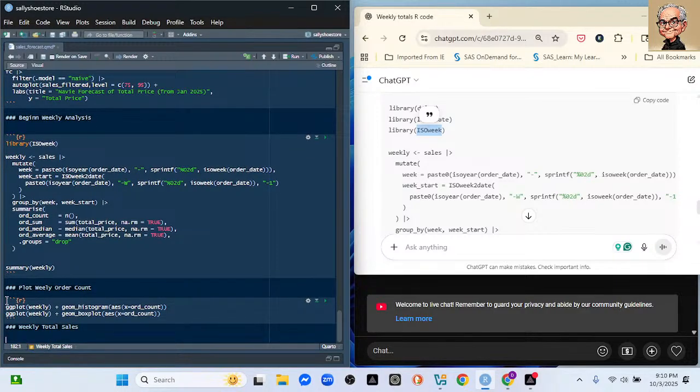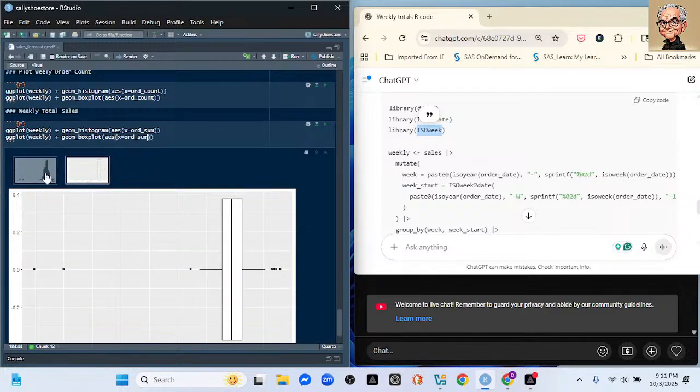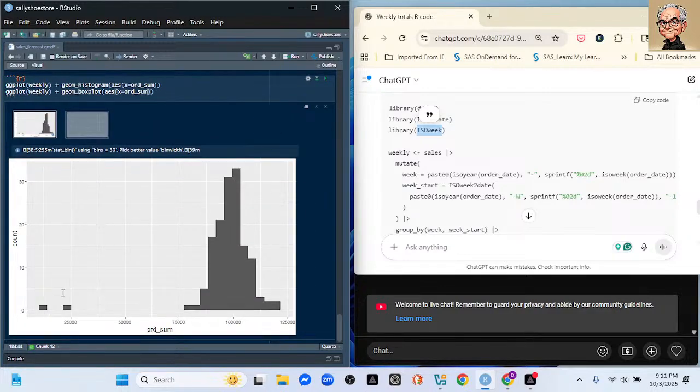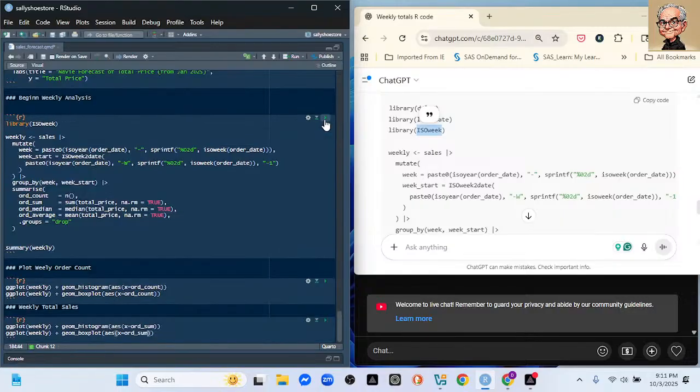Let's just change these two. Interesting. Those two outliers don't really make a lot of sense, since everything is an average.